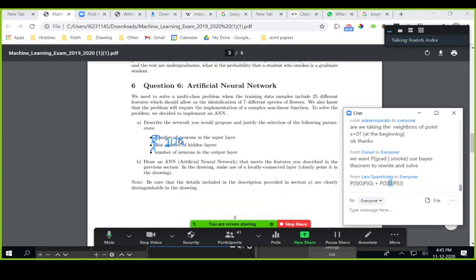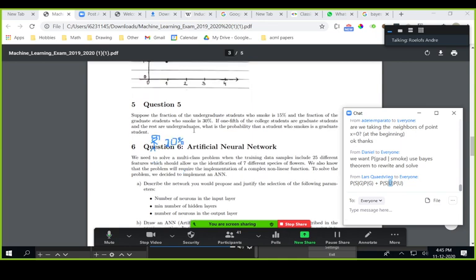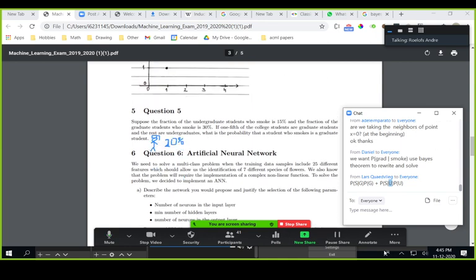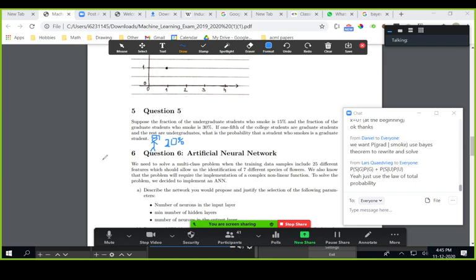It's just a simple implementation of the Bayes rule, and I can handle it later if people have questions. I think you had it last period for the statistics.